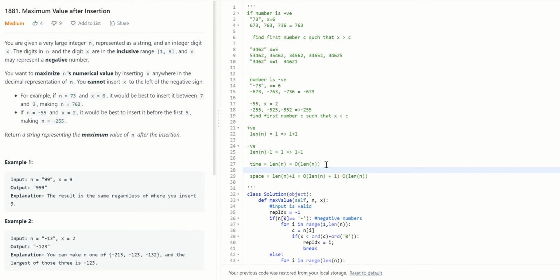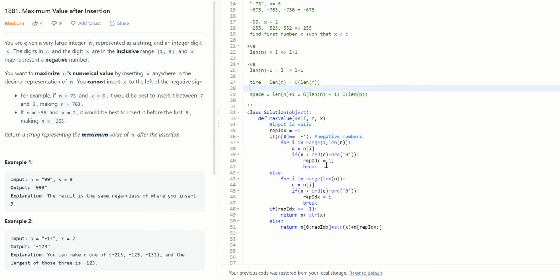And what is the space complexity? Are we really using any space here? Yes, we are using rep index. And are we using any other space? We are not explicitly using space here. We did not declare it, but we are using it to return the result, because this will create a new string when you join two strings.